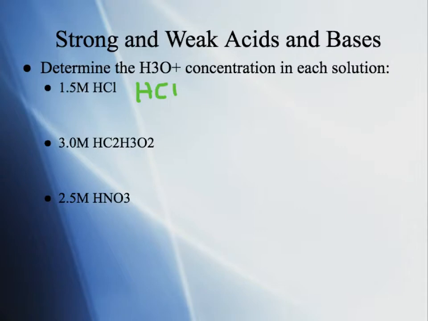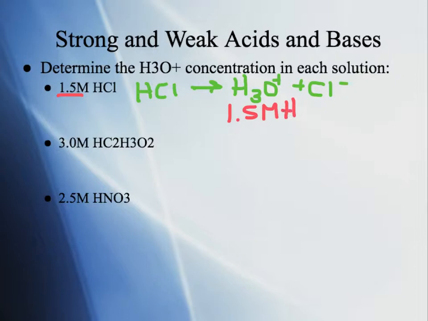So HCl is going to completely dissociate in water. If we start out with 1.5 molar of the entire molecule, we are going to end up with 1.5 molar H3O plus as well, because they're completely going to break apart.